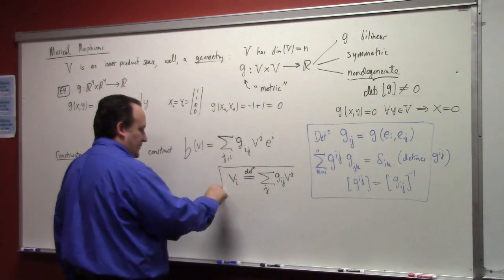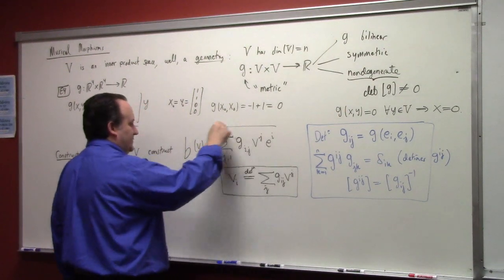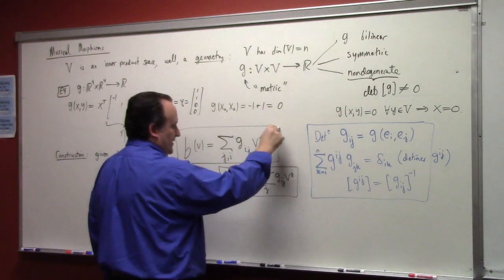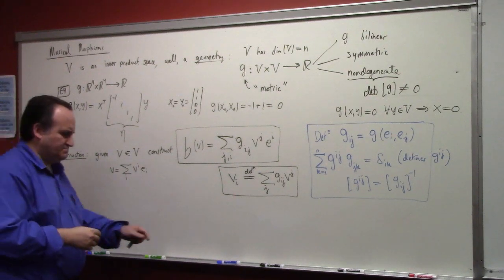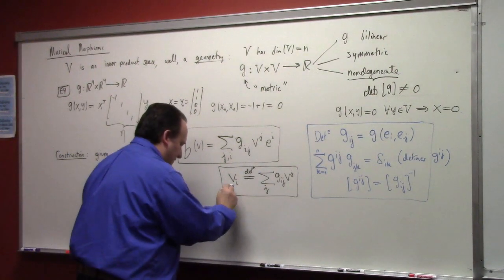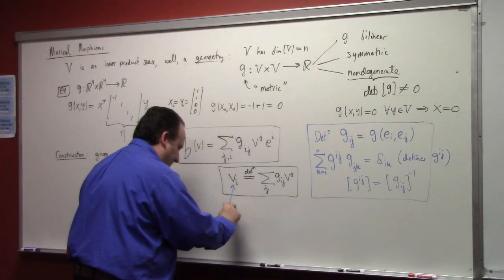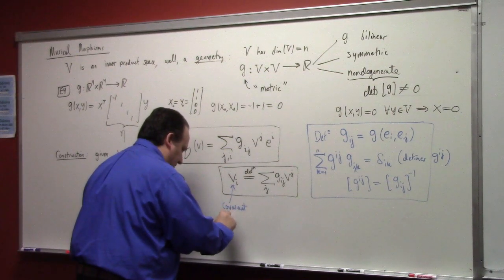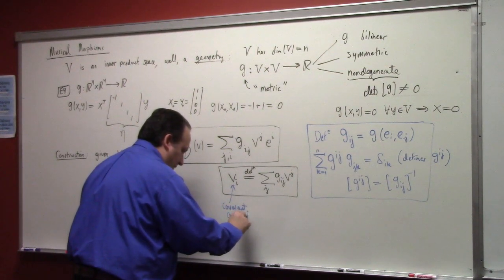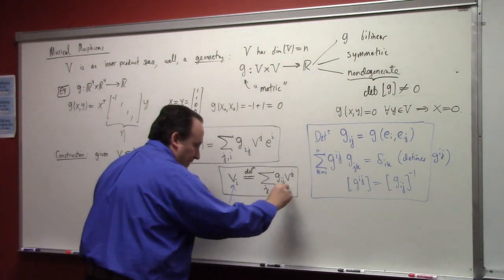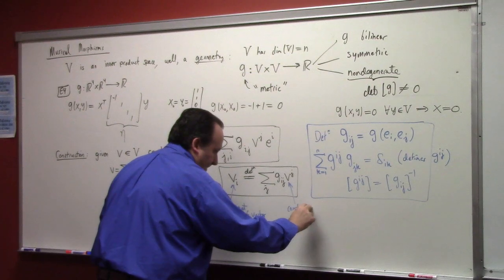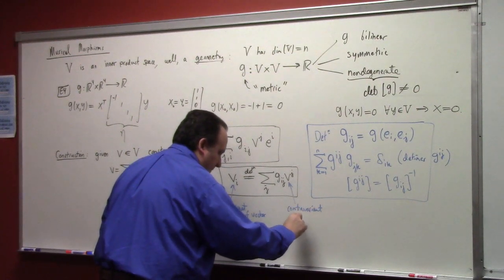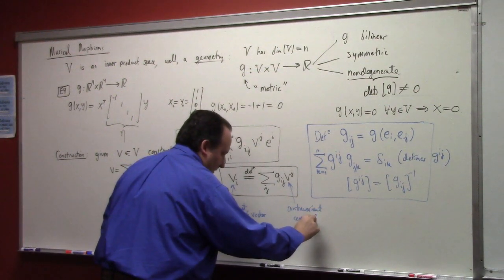This is what the musical morphism looks like at the component level. In the old physics language, these are the covariant components of a vector. These are the contravariant components of a vector.